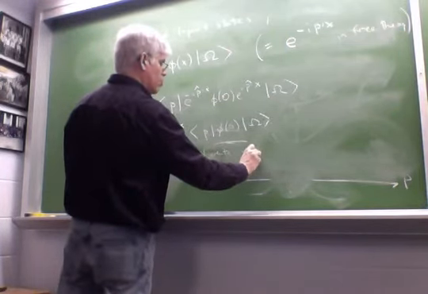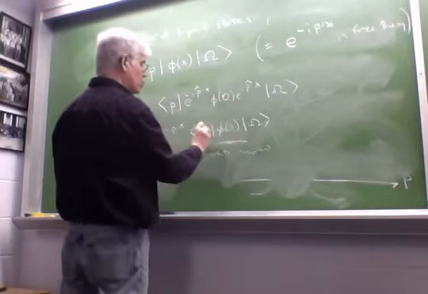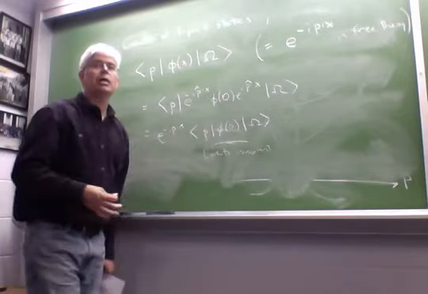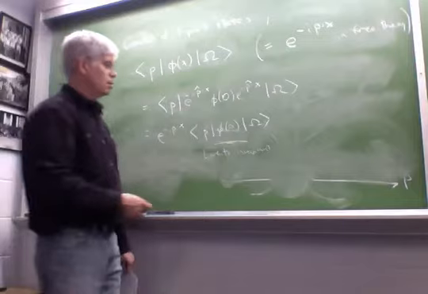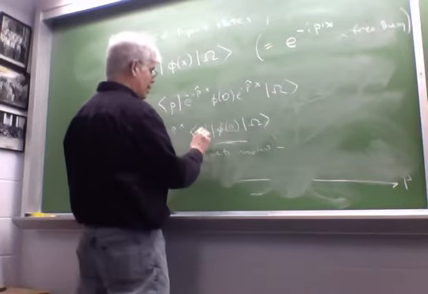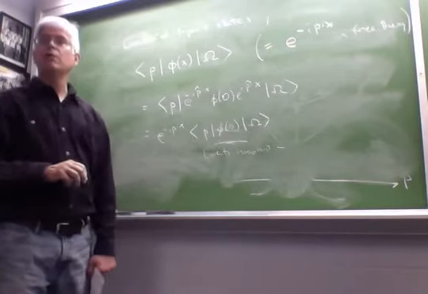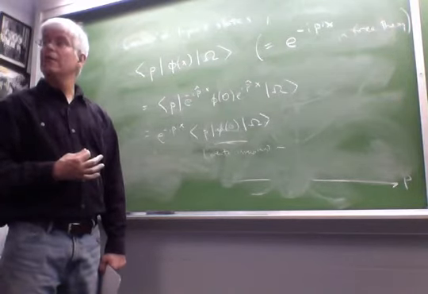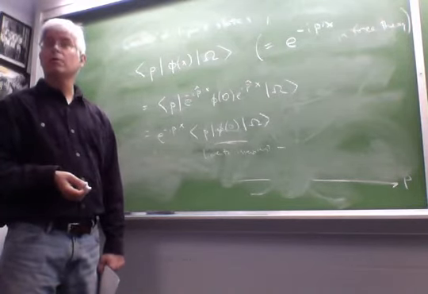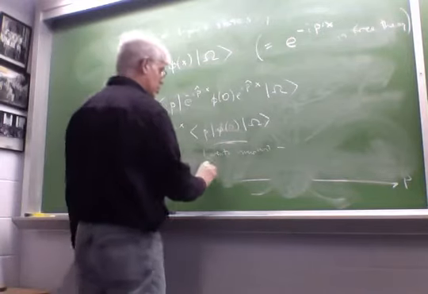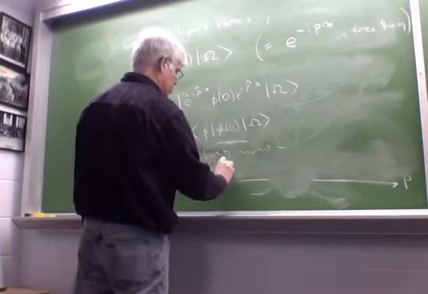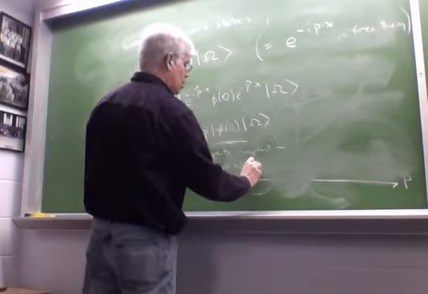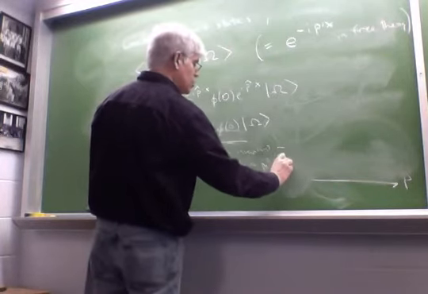But it depends on this momentum here, p. That's the only thing it depends on besides the mass and the coupling constant. So it has to depend on p in a Lorentz invariant way. The only way you can make a Lorentz invariant quantity out of p is by p squared. So it depends only on p squared, but p squared is equal to m squared.